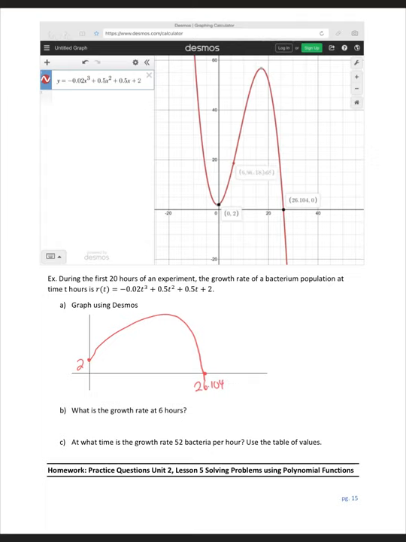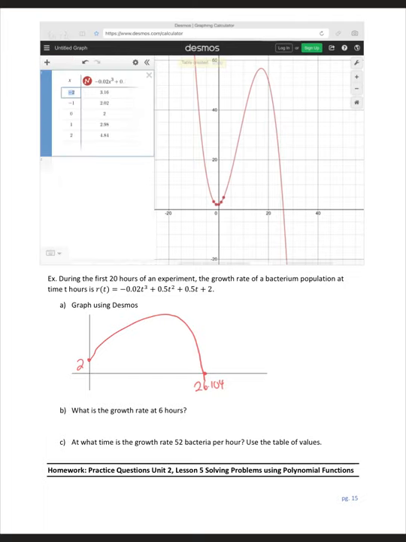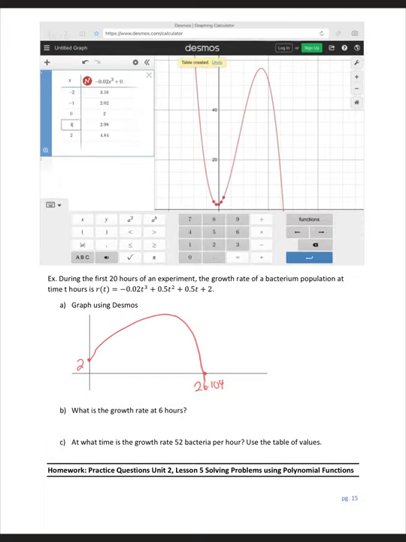So it looks like at 6, our t value is 18.68. And if we wanted to show that in our table of values, we could go here and we could hit enter until we got to 6. And you can see that at 6, our R(t) value is 18.68.